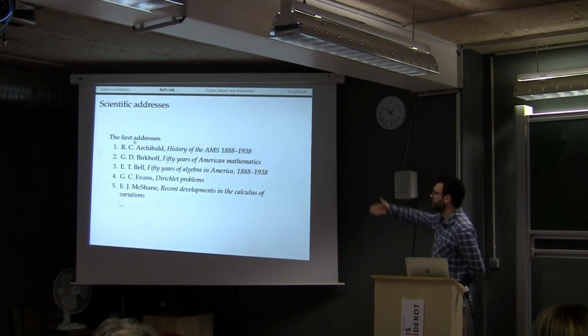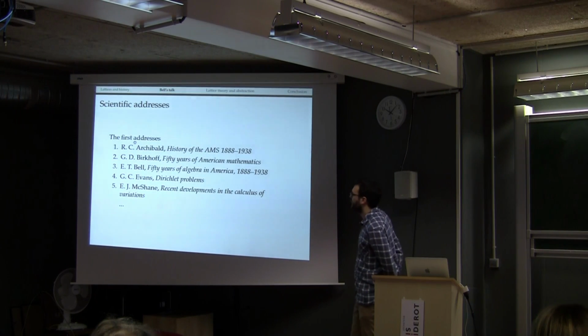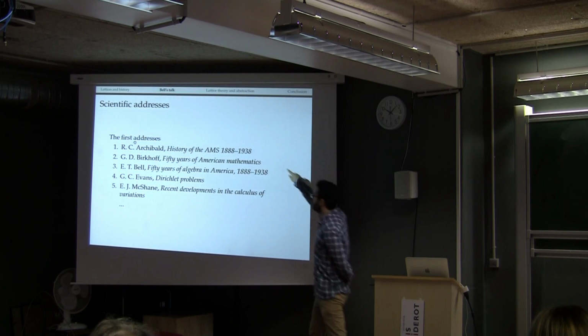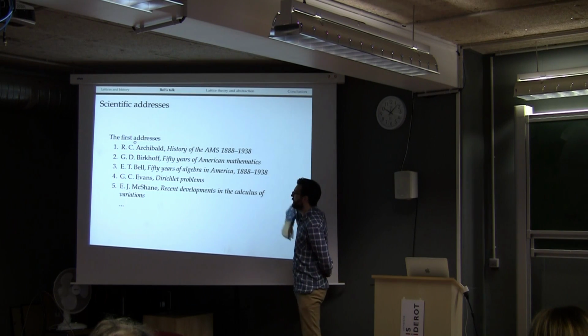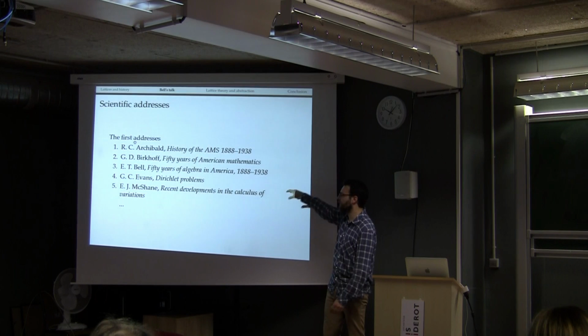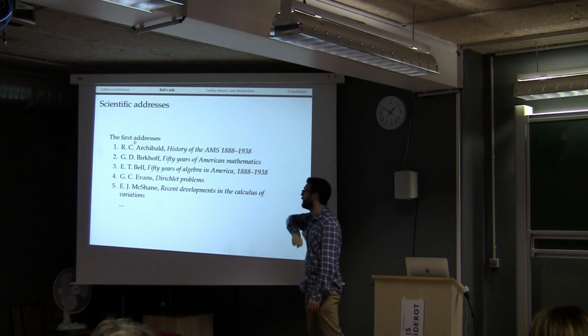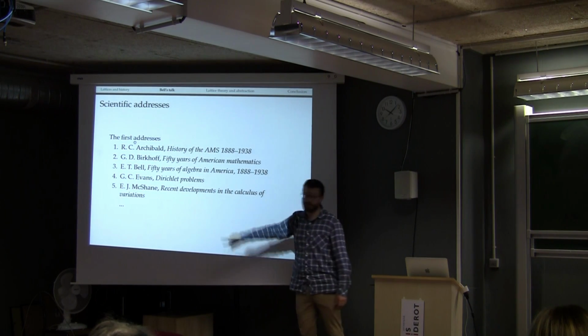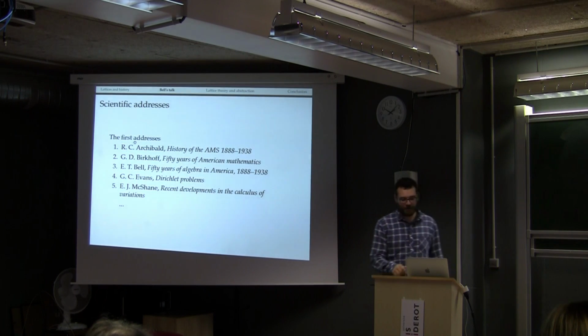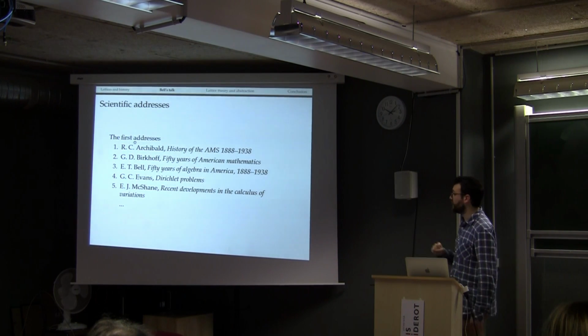I just list quite a few examples. So these 2 are the general ones, and then you can see the specific content, such as Dirichlet problems, calculus of operations, and the one I'm interested in is Eric Bell's 50 years of algebra in America.